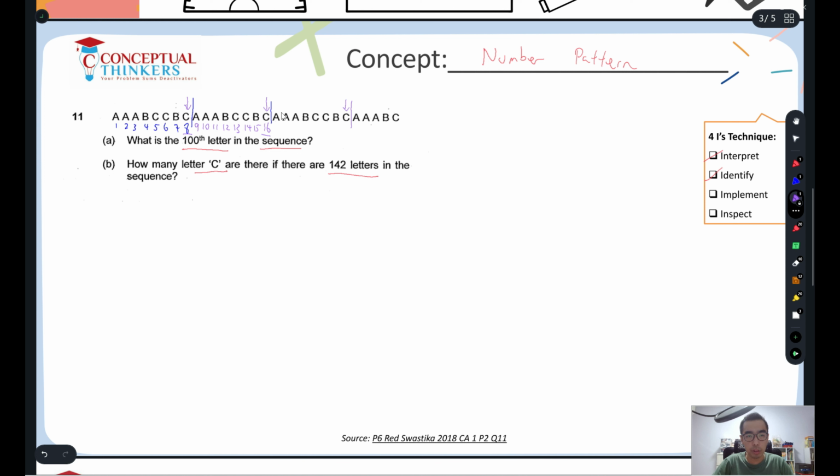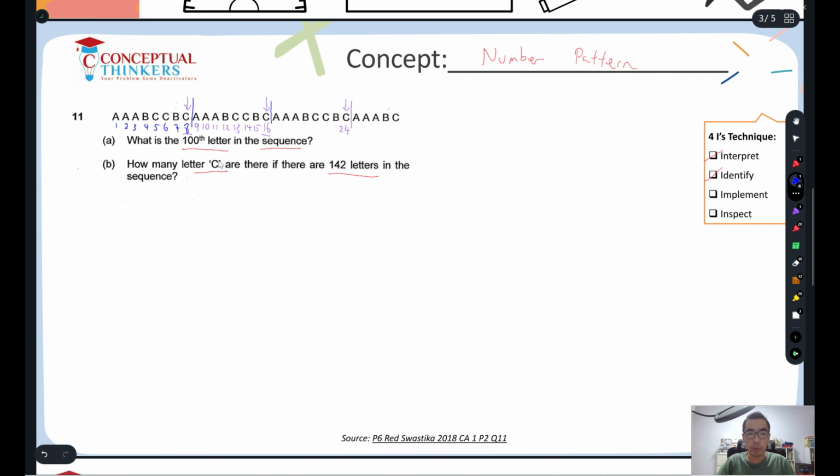We continue and count 17, 18, 19, 20, 21, 22, 23, 24. For this kind of letter sequencing or any shape sequencing, always break them up into unit sequences. Then look at the last shape or letter and focus on its position. You will notice that the position will always be in multiples. In this case, multiples of 8.